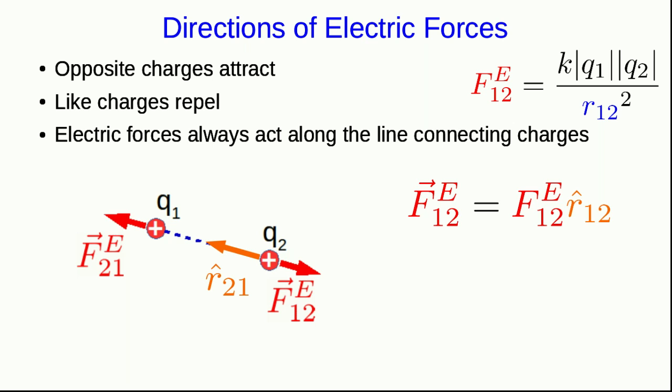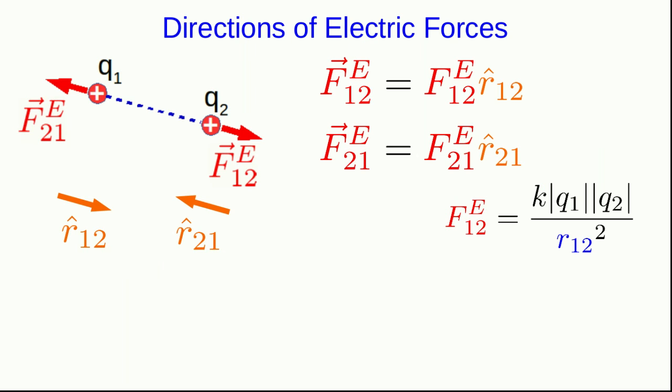So, what about the force that 2 is exerting on 1? Well, we could now define the other unit vector pointing exactly the opposite way and write that force down in that way. So, we have 2 unit vectors, one pointing from charge 1 to charge 2 and the other pointing from charge 2 to charge 1, and we can write down each of the forces in terms of those unit vectors, and we know how to get their magnitudes.